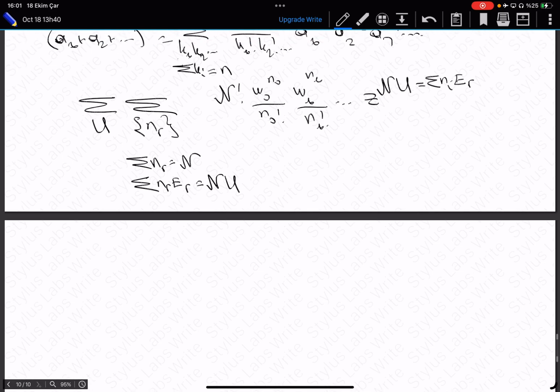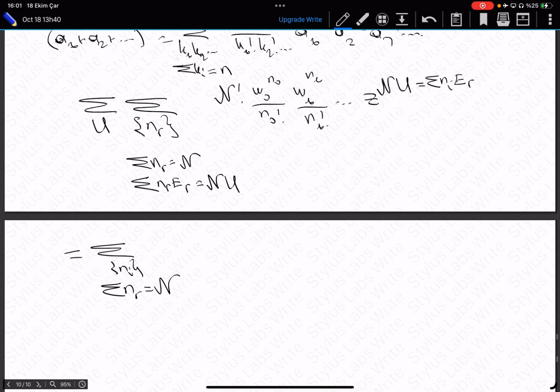So that term becomes the sum over n_r with the only constraint, this one. You see, there I have a sum over the sets of n_r with two constraints, then a sum over one of the constraints. So basically, this sum can have any value.